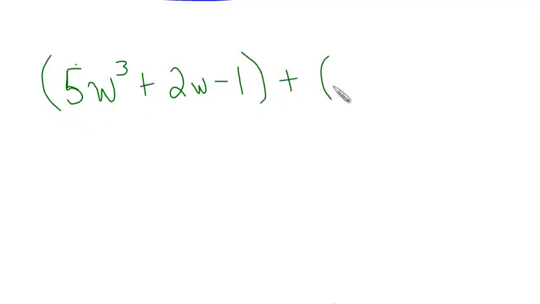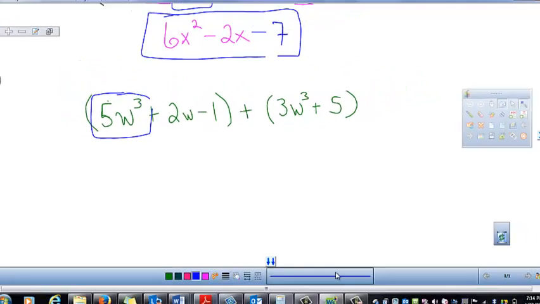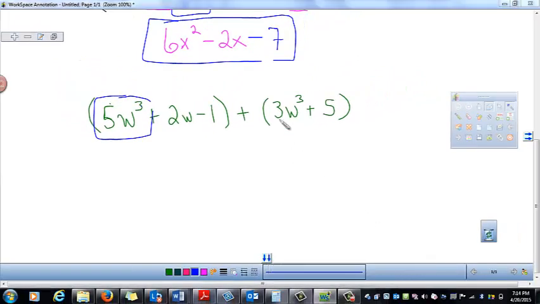Let's say we have 5w cubed plus 2w minus 1 plus 3w cubed plus 5. So this one, I have to look for my ones that are the same. W cubed, W cubed. So this one, and this one, because they're both W cubed.